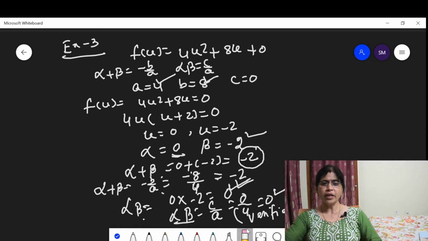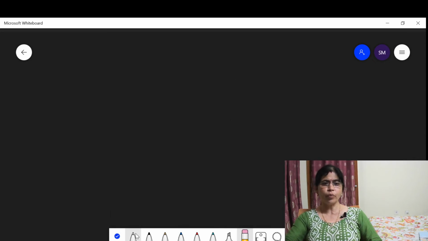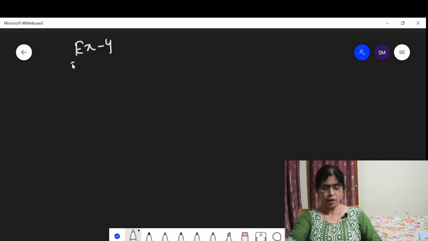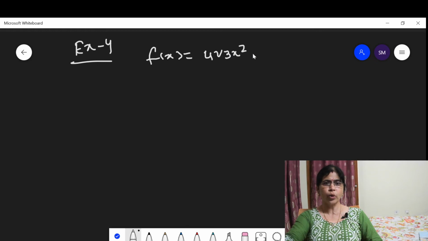Okay. Now let us discuss example 4. Example 4 says that the given polynomial is f of x equals 4 root 3 x square plus 5x minus 2 root 3.